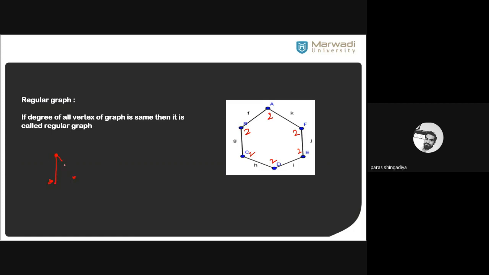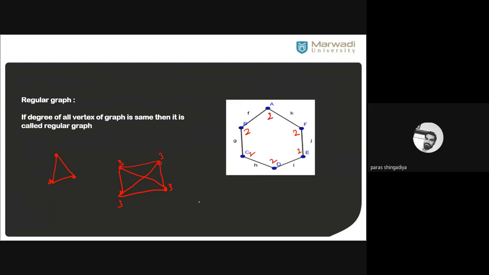Another example is one triangle, where the degrees of all the vertices are equal, so it is also a regular graph. If I consider a square with 3 edges, 5 and 6 edges, here the degree of all the vertices is 3, that is also called a regular graph, clear. The degree of all the vertices is 3, so it is called a regular graph.